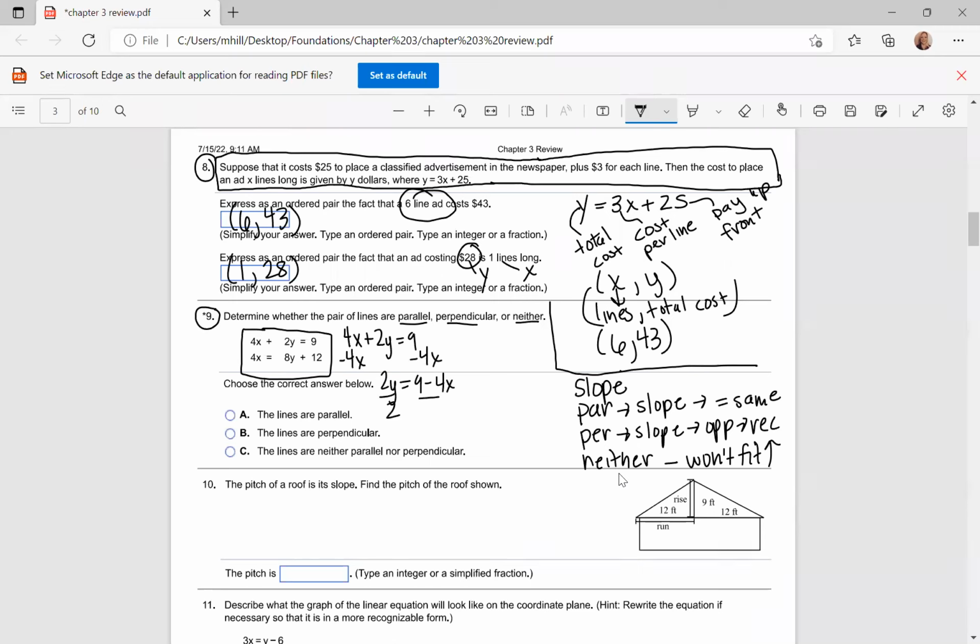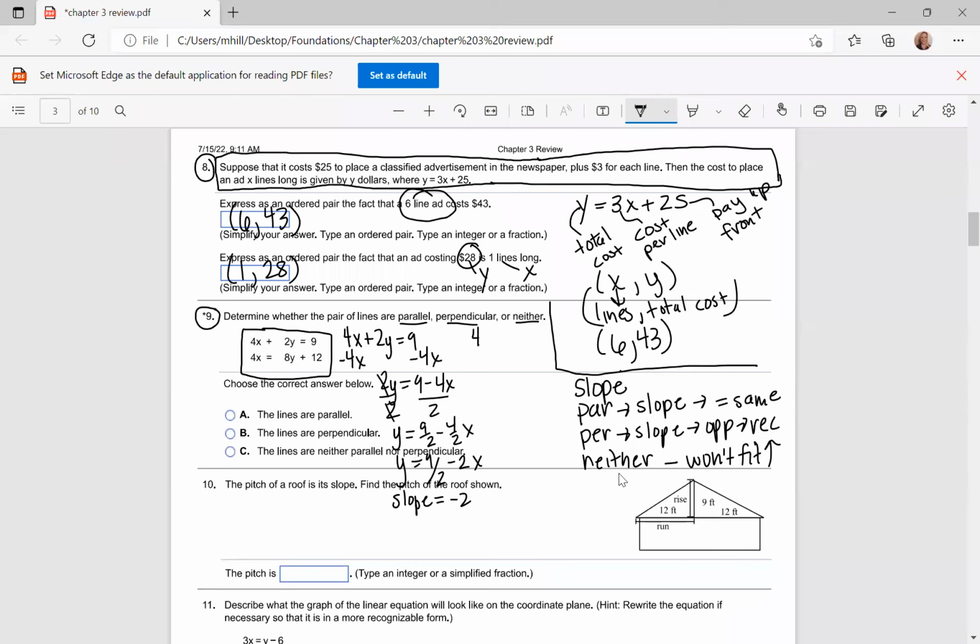Then I would divide everything by 2. So I would get y is equal to, and we split this up, 9 over 2 minus 4 over 2x. And we want to see if we can simplify it. 9 over 2 is just 9 over 2, but negative 4 over 2 is going to end up being negative 2x. So the slope of this first line is equal to negative 2 because it's the number in front of the x.